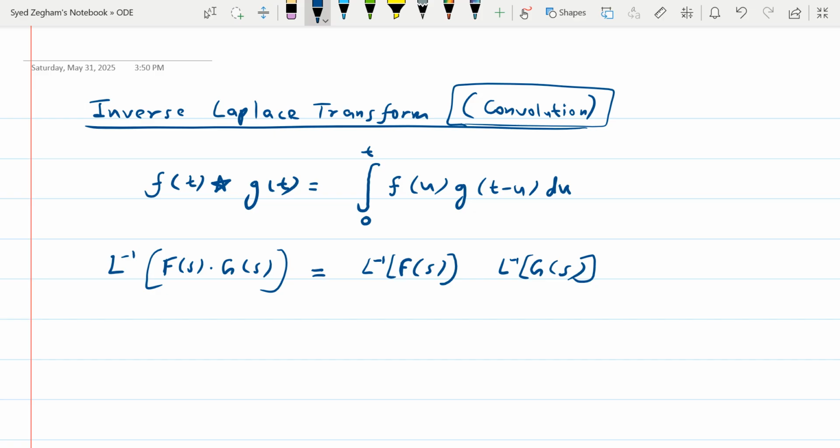This multiplication on the left side will get converted to convolution on the right side. This is the property which we are going to use today.